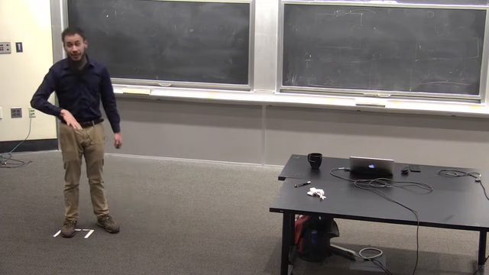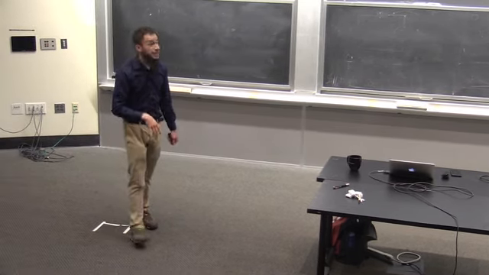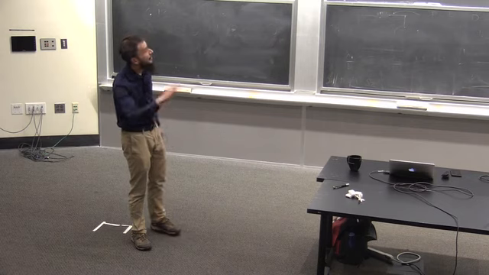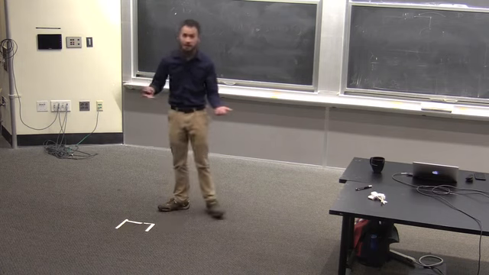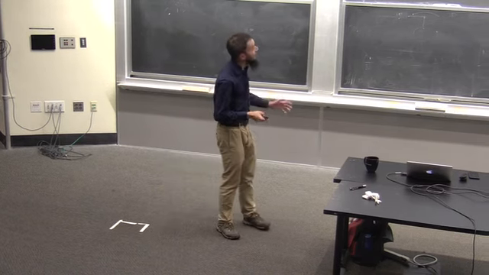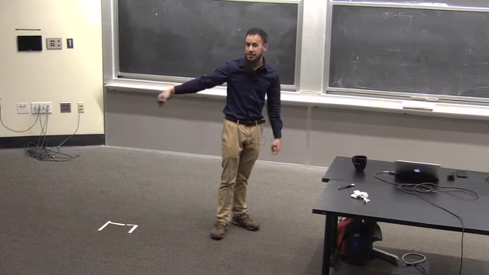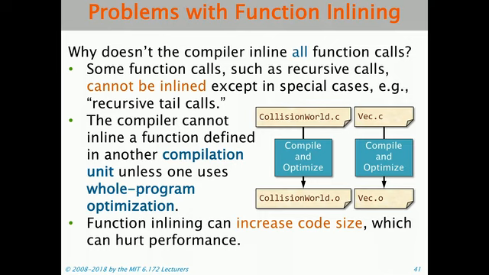There is a way to get around that problem with modern compiler technology that involves whole program optimization. And I think there's some backup slides that will tell you how to do that with LLVM. But in general, if it's in a different compilation unit, it can't be inlined. And finally, as touched on, function inlining can increase code size, which can hurt performance.